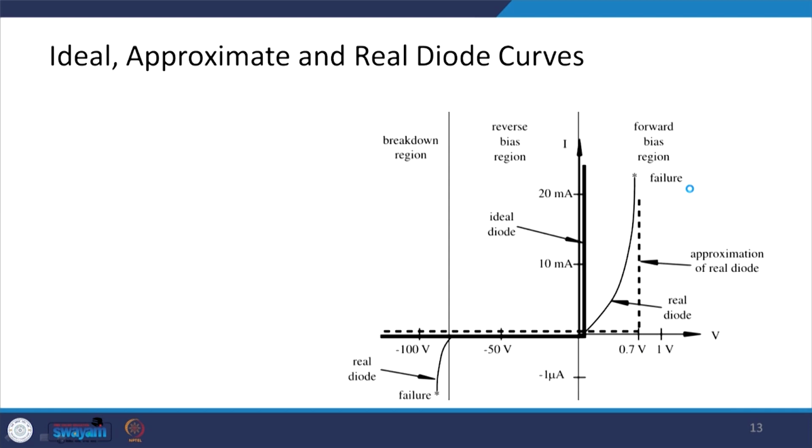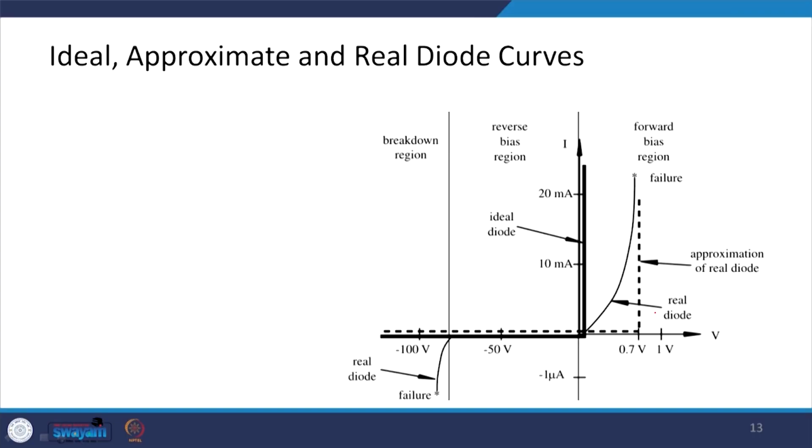Now, I just discussed in the previous slide that there is a current flow if it is forward bias, and no current flow if it is reverse bias. If we plot the voltage and current characteristic curve for the diode, this is how it looks.